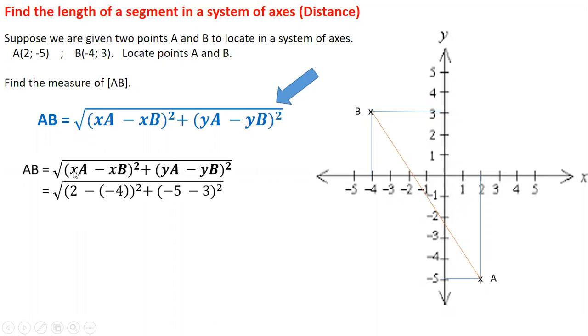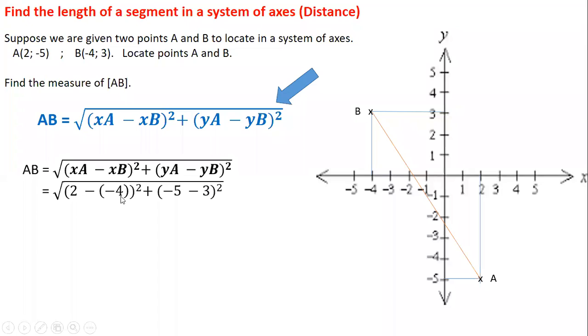The abscissa of A is 2, so I replace 2 minus the abscissa of B, which is minus 4. I cannot put two minus signs after each other, so I replace the minus 4 between parentheses, all of it squared, plus the ordinate of A, minus 5, minus the ordinate of B, 3, all of it squared.